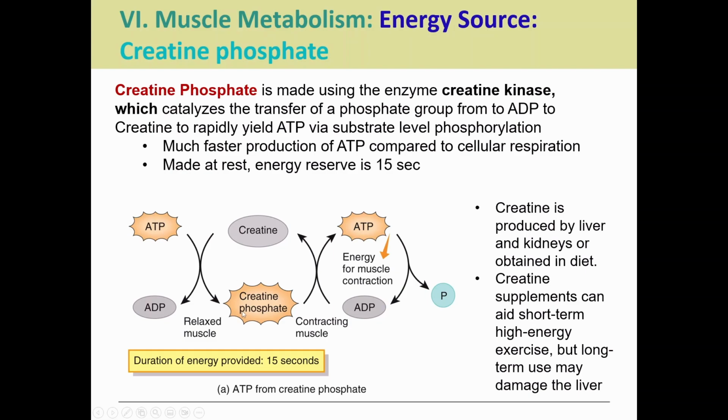We go through that process. Creatine phosphate then can be used by contracting muscles to produce ATP. It's a very fast pathway. Very quick, but it's not as efficient. It's very effective at making ATP fast, but not very effective at making ATP cheaply.